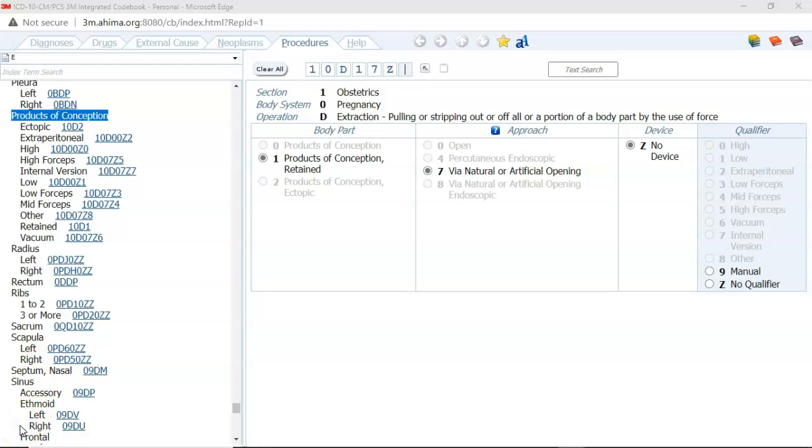Now on the bottom of page 543, they do tell you that you can use codes from chapter 15 for documented complications in conjunction with these codes from O04, O07, and O08. And on the top of page 544, this is a guideline about abuse in pregnant patients.